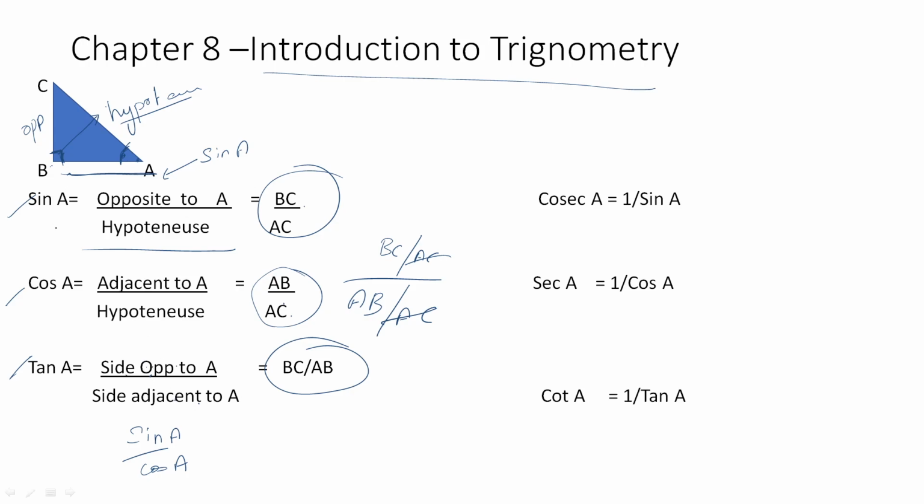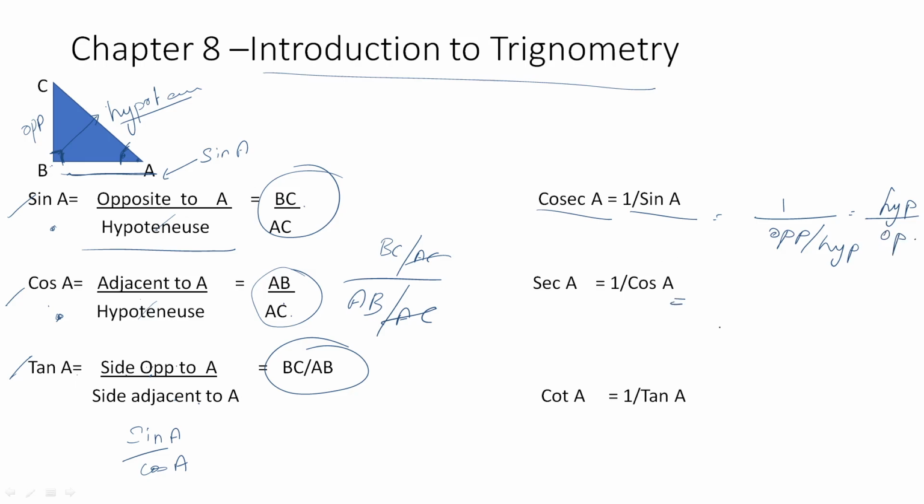I prefer to remember only sine A and cos A, nothing other than that. Sine A is opposite by hypotenuse and cos A is adjacent by hypotenuse. Tan A is sine by cos. If you divide, the hypotenuse gets cancelled and it becomes opposite by adjacent. So if you know only these two ratios, cos and sine, we can derive the other things. Likewise, cosec A is 1 by sine A. 1 by opposite by hypotenuse becomes hypotenuse by opposite.